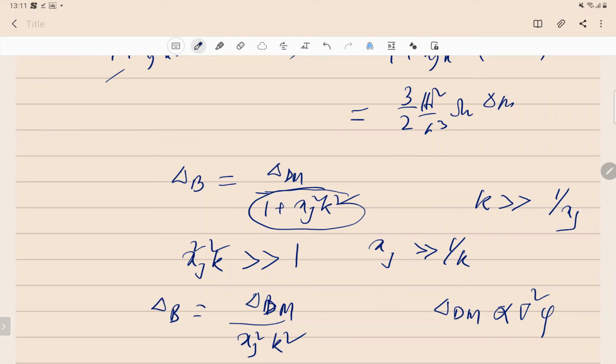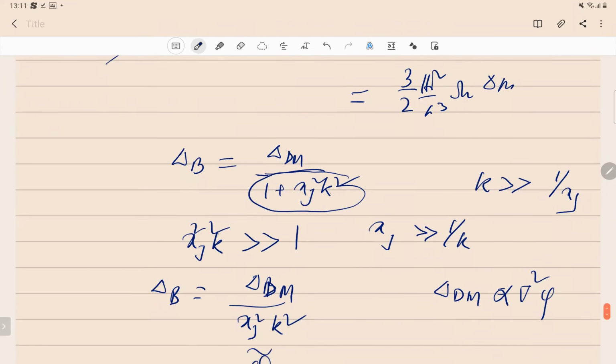Now this factor of course is sensitive to the scale because it has a k sitting over there, right? So we have to talk about what is the relationship between baryonic fluctuations and dark matter fluctuations on different scales. Now on very large scales, when k is very small, as we shall see in the afternoon's class, the scale is inversely related to k, because k is like 1 by distance.